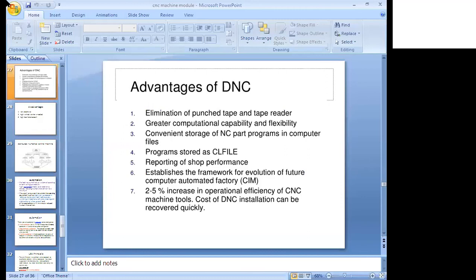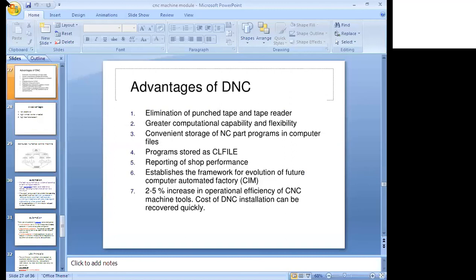The cost of DNC installation can be recovered quickly. DNC is a high-cost machine, but if the production is also high, you will get the recovery in a very short time. So these are the main advantages of the DNC machine.